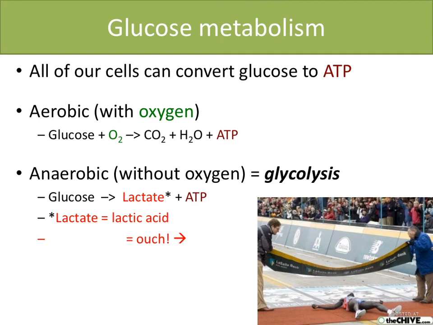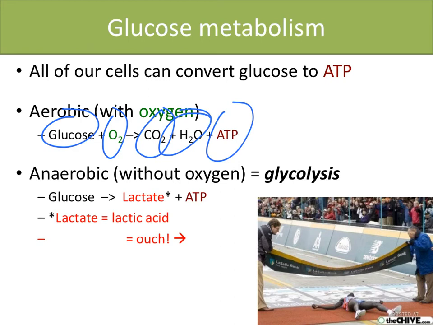So this is glucose metabolism. We start with glucose. We have oxygen. We end up with CO2, water, and ATP. When you do it without oxygen, you get what's called the glycolysis pathway.